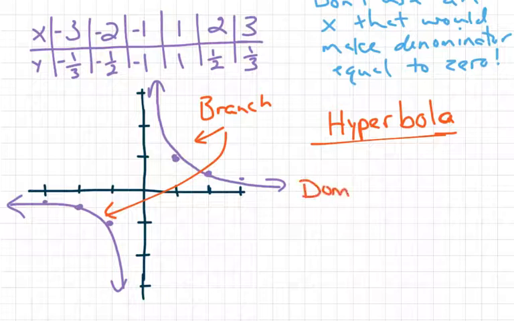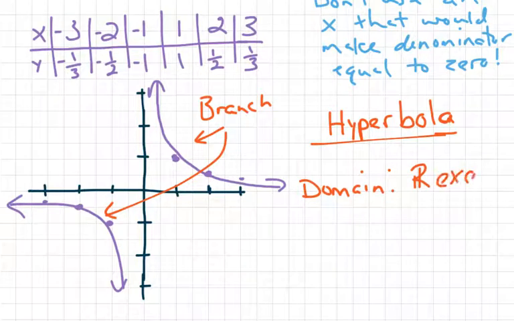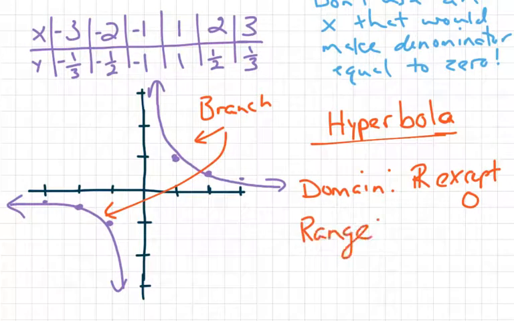The domain of a hyperbola, of this parent function, is all real numbers except, and this should make sense, 0. We can't use 0 because 0 would give us a 0 in the denominator, and that's not possible. The range, if you look, so we go up forever, we go down forever, and these sideways arms of these branches look like they're approaching 0, but they are never going to get to 0.